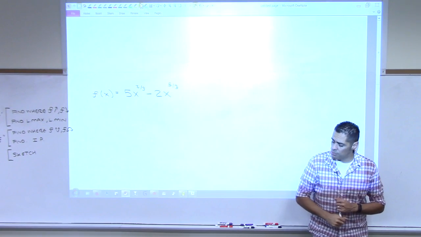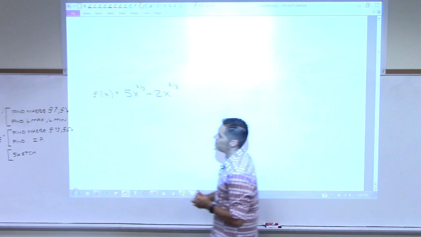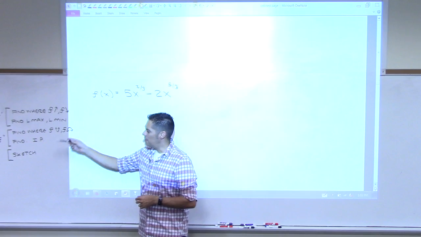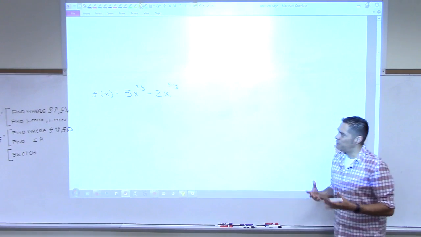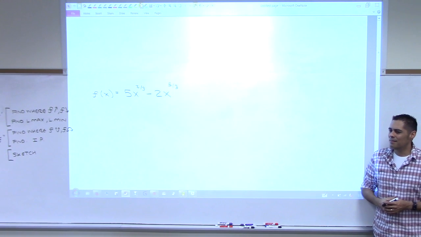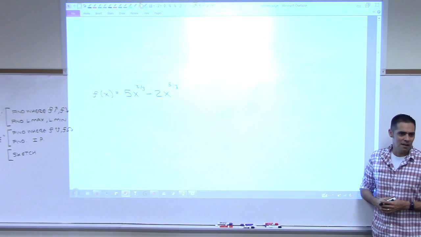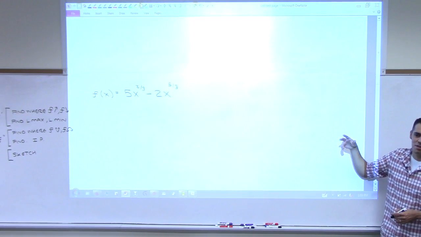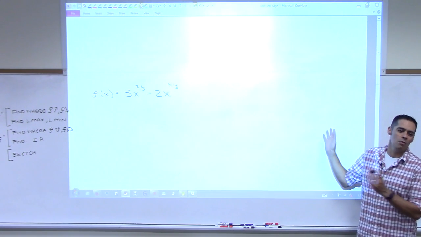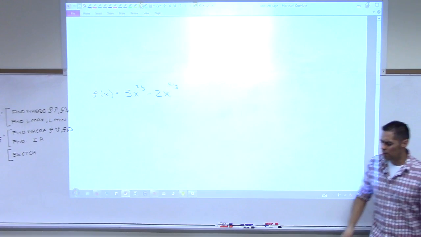I want us to do the same thing we did last class, with the additional step of sketching. This function is our first real function that is not nice. It's not a polynomial, not like x to the third minus 5x squared plus 1. This is a weird looking function.